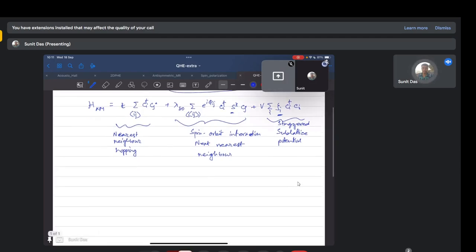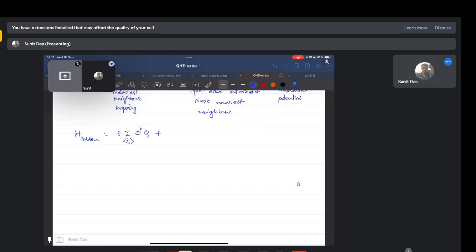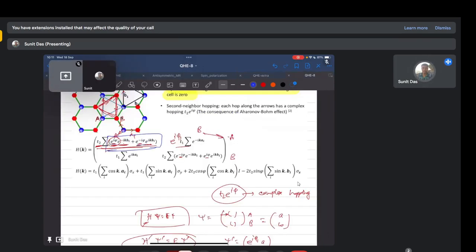So if we just compare this with the Haldane model, just for clarity, so we had the Haldane model. Again t, the conventional nearest neighbor hopping. I am writing this Hamiltonian in the second quantized notation, where ci dagger creates an electron at the ith site and cj annihilates an electron at the jth site, plus some hopping parameter, which we denoted t2, let's say.